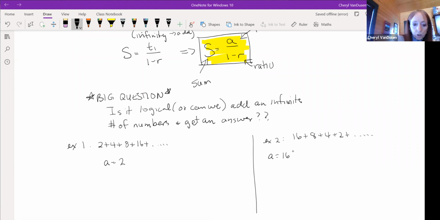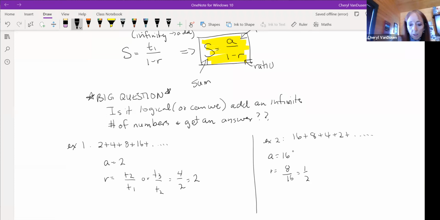To find the ratio, you might remember, you divide a term by the term before it. So term 2 divided by term 1, or term 3 divided by term 2. This has to be the same answer all the way through, or you don't have a geometric series on your hands. So we just take a number, say 4, divided by the number in front, and we get 2.